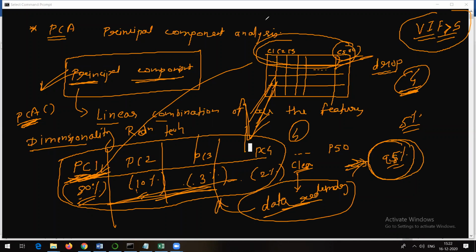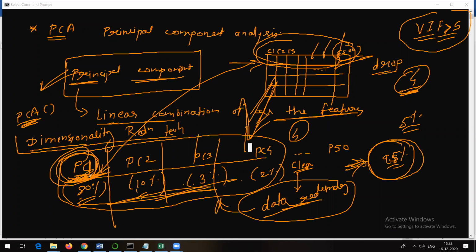Okay. So principal component analysis is a dimensionality reduction technique, but it does not mean that it is going to remove the columns. It's not like that, okay? Because each principal component is a linear combination of all the features. That means each principal component is able to represent whatever every feature is representing.